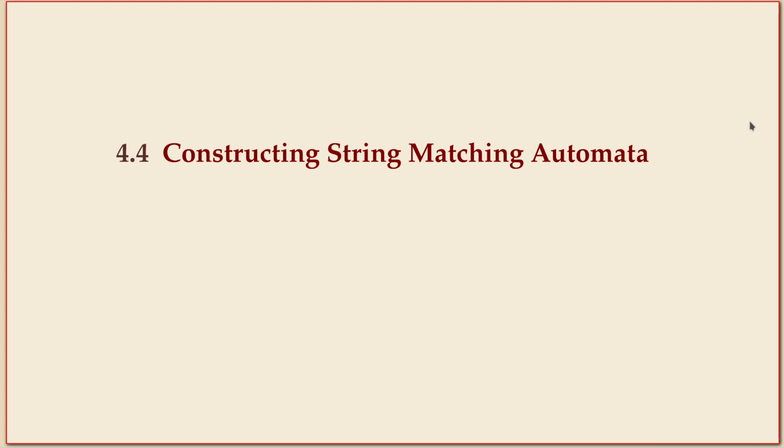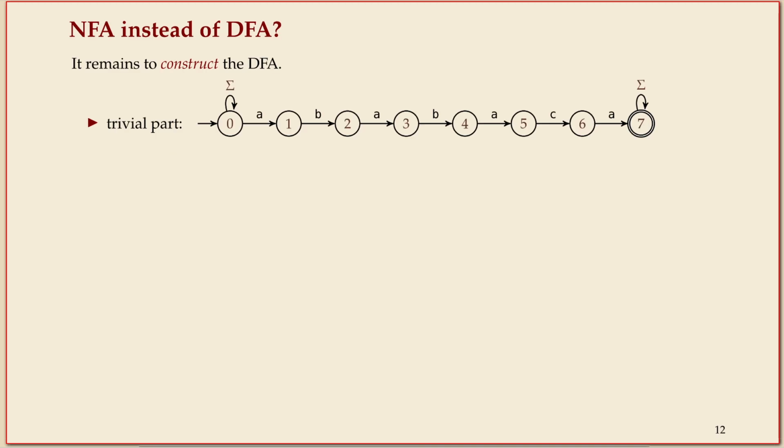In the next section, we'll look at how to construct these string matching automata that work so well for finding the occurrences of a pattern in the text. And again, for those who've had some automata theory, have been tortured with a bit of that in some previous lecture, maybe you know about NFAs.